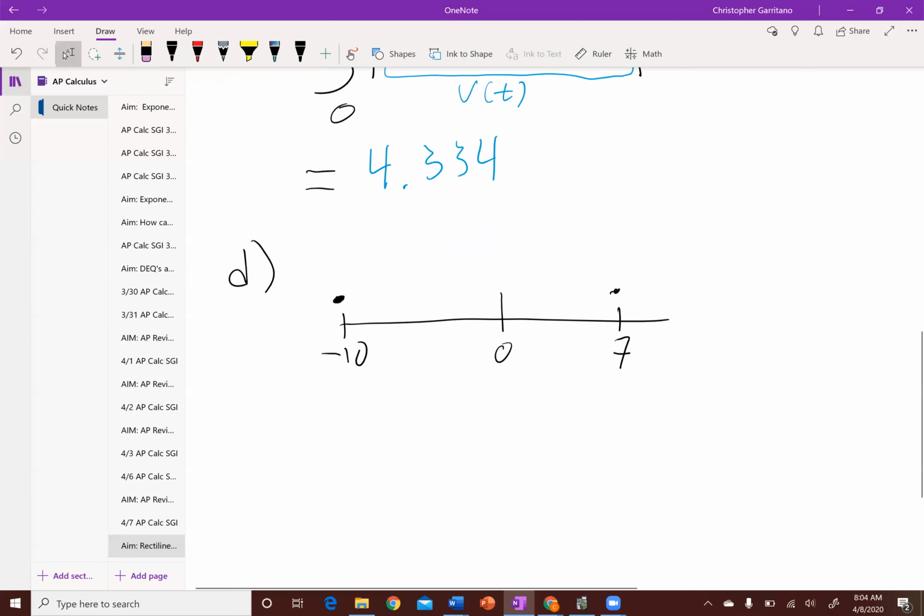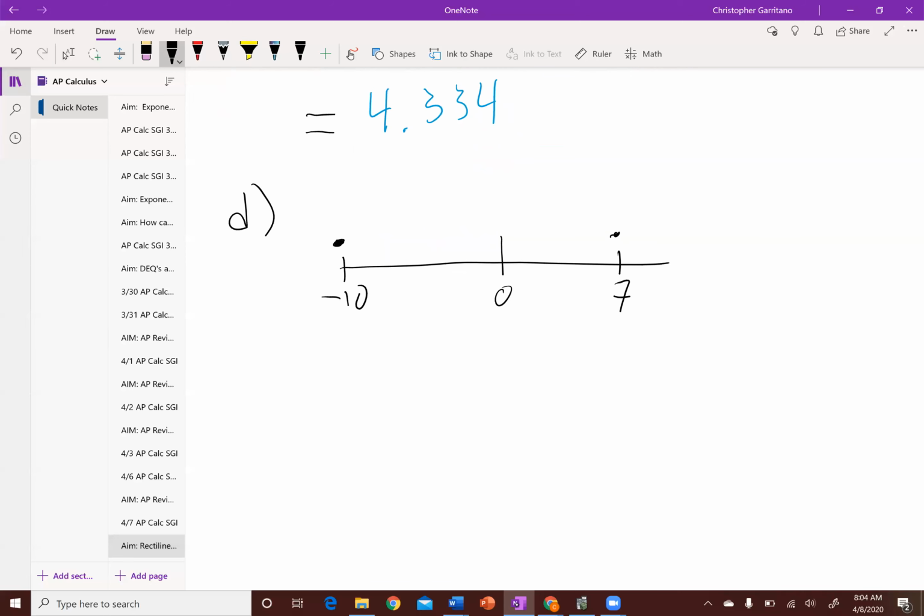All right, so ultimately we have this function, let's say x of t, which represents the position of the particle at time t.